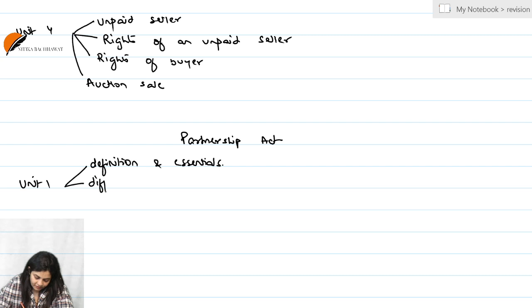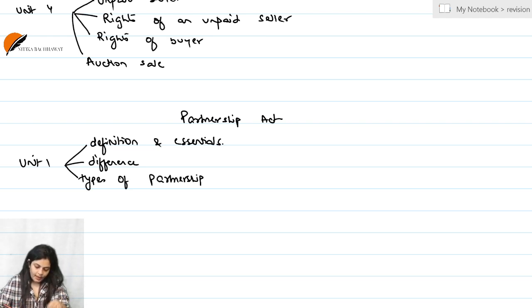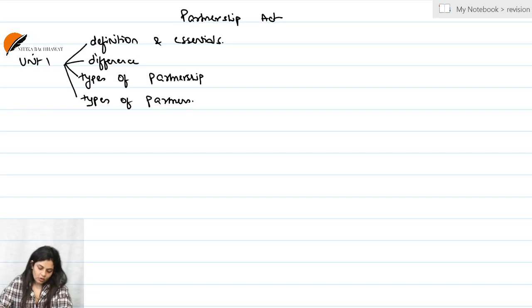We have differences, that is partnership compared with HUF, partnership compared with company, partnership compared with club, and partnership compared with co-ownership. Then after this we had discussed the types of partnership, and finally the types of partners.